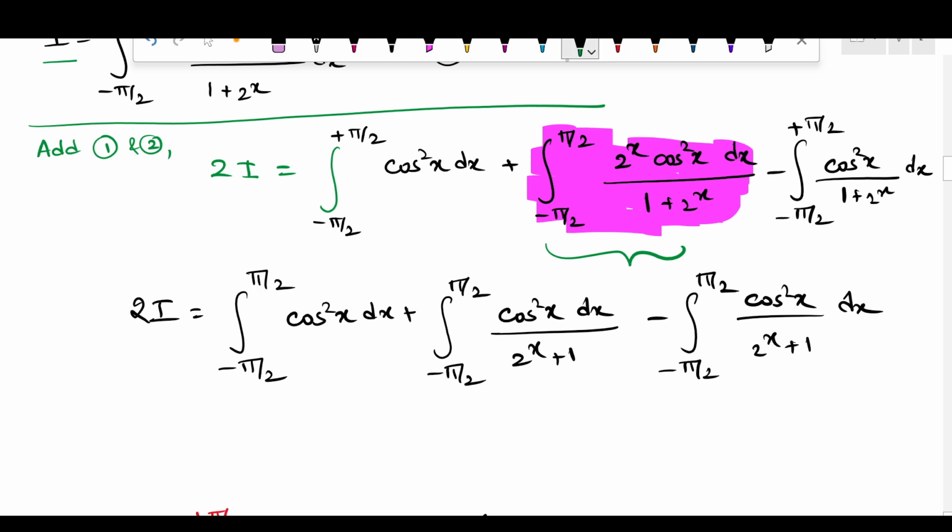Right? So you can clearly see that both these integrals get cancelled out.